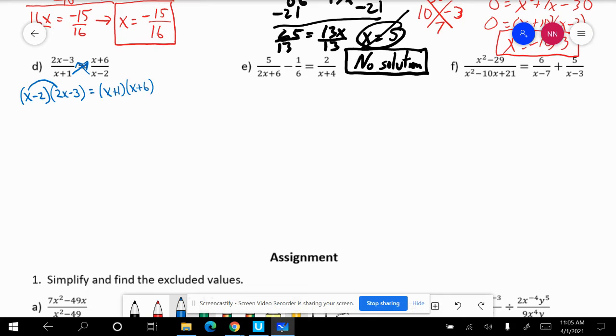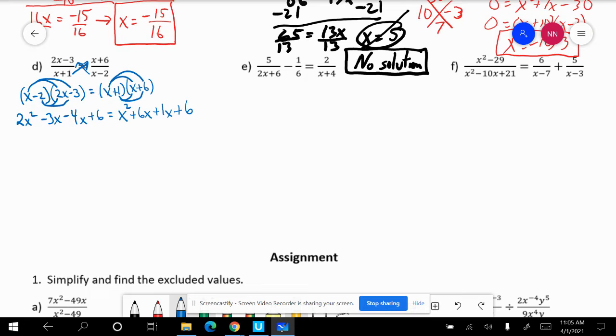We're going to multiply our first terms, 2x squared, our outside terms, negative 3x, our inside terms, negative 4x, and our last terms. We're going to do the same thing on the other side. We're going to multiply our first terms, our outside terms, our inside terms, and our last terms.